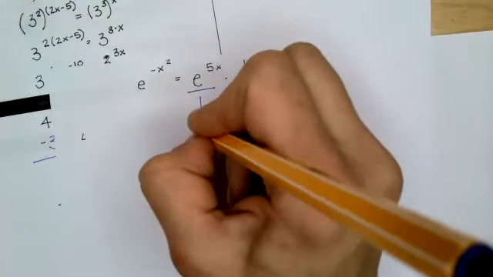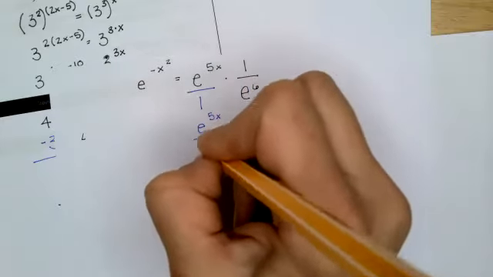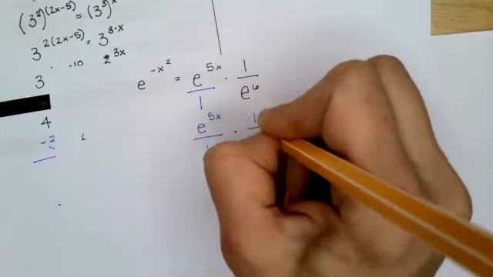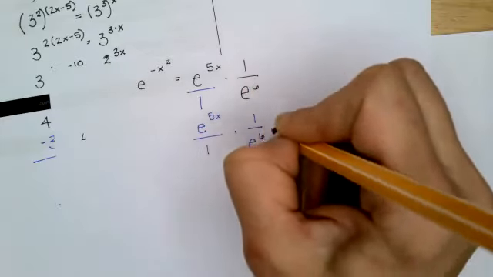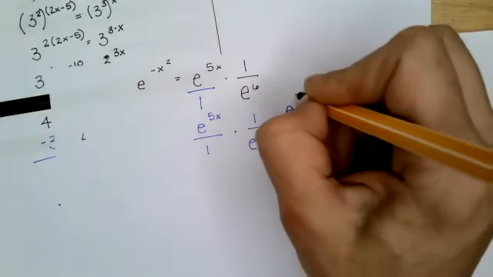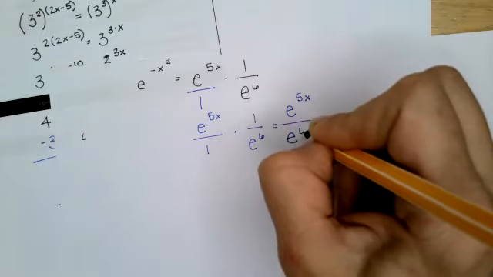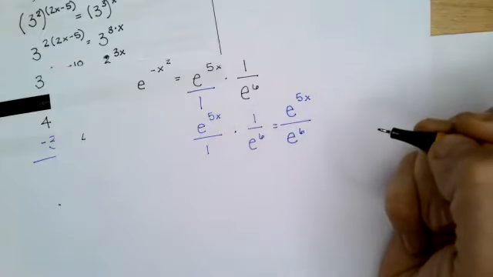So now I have e to the power of 5x over 1 times 1 over e to the power of 6. That just becomes e to the power of 5x over e to the power of 6. Good.